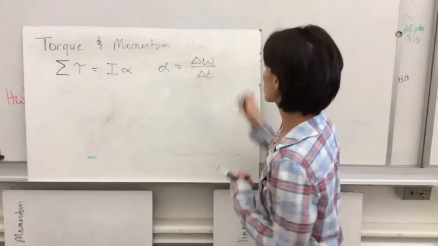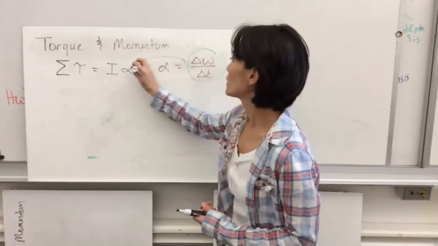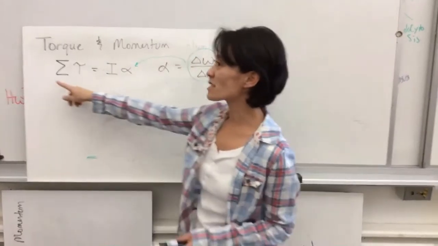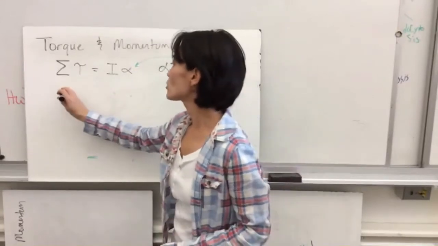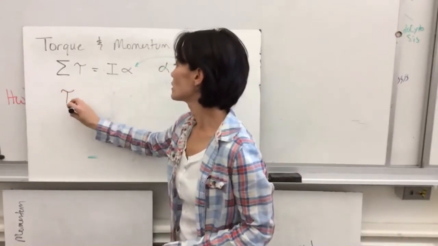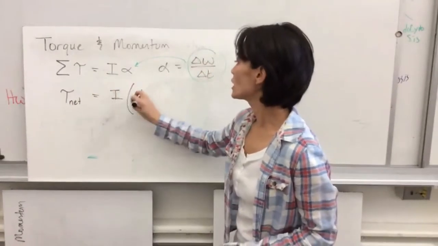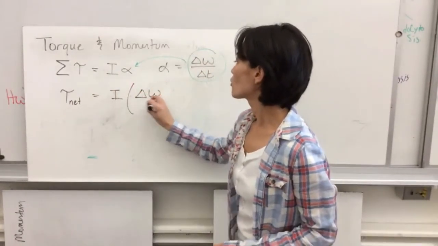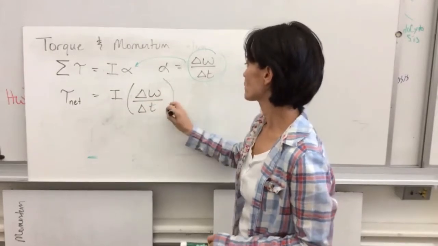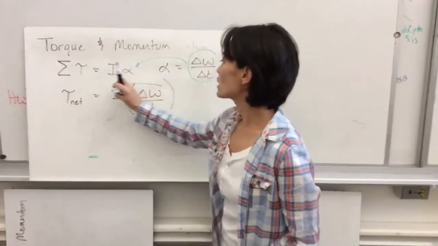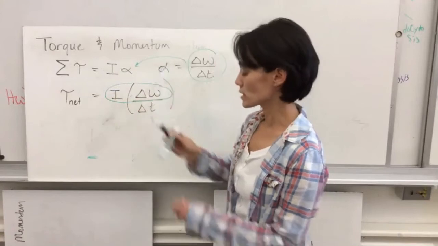So if I took this and plugged it in there, and instead of writing the sum of my torques, I'm just going to write net torque, I have my net torque equal to I times my change in omega over my change in time. Again, I times omega we just learned was angular momentum.